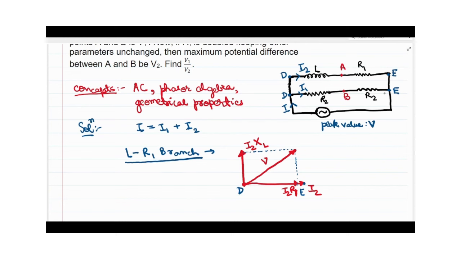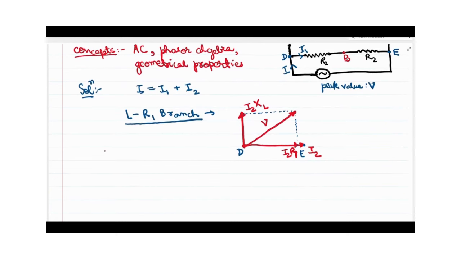So now we can write V square equals I2 square XL square plus I2 square R1 square. Although I'm writing all this, you won't require all of it. You would understand why.